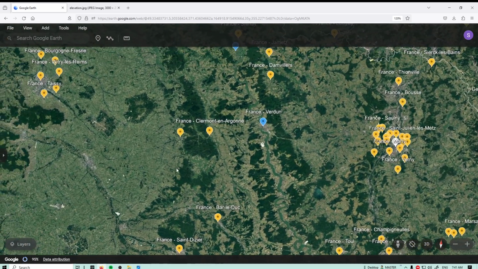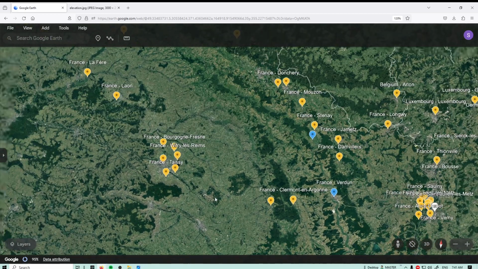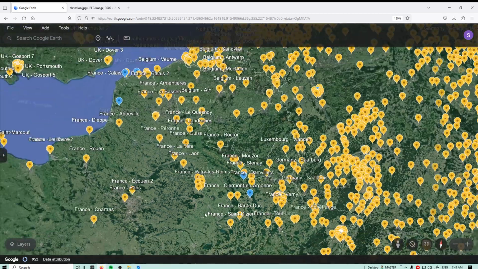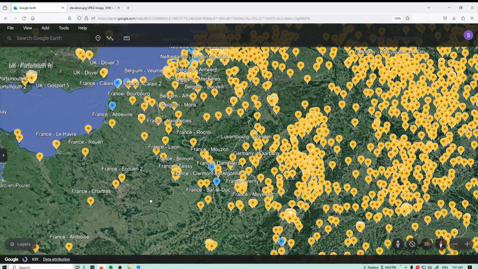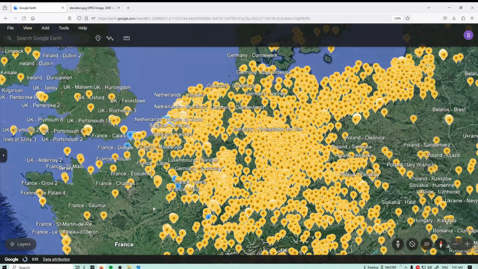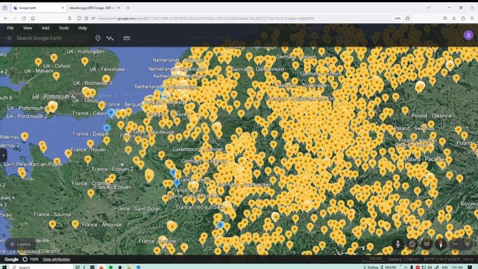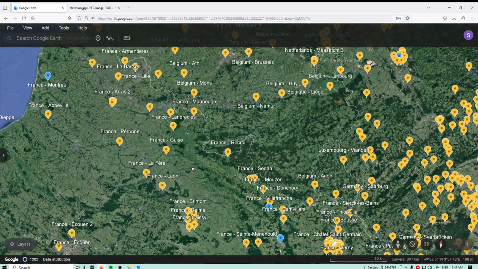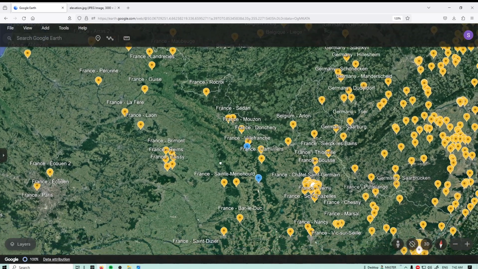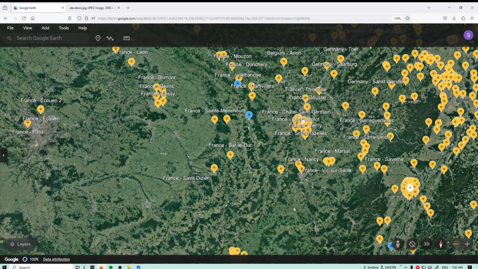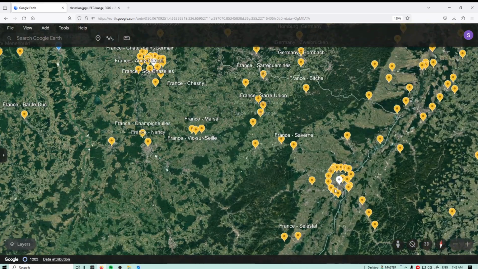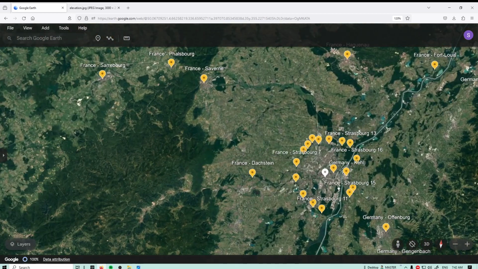Okay, another pattern that I wish to, because when you have a lot of places listed, you get to see patterns, some very nice patterns. Like for instance, let's go see this city, Glasgow.